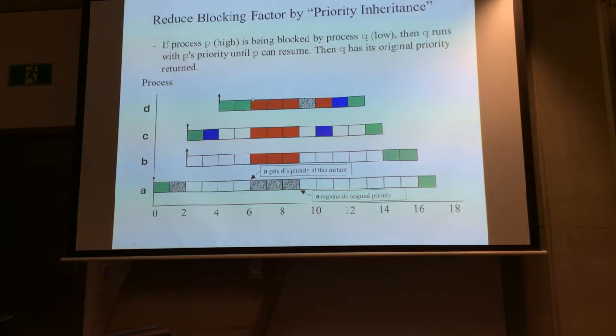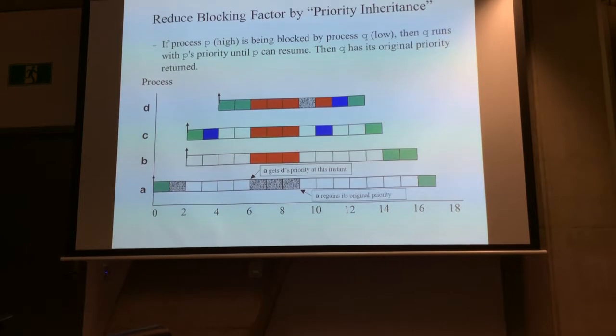What happens at that instant is the kernel automatically elevates process A to have the same priority as process D. So A temporarily inherits the priority of process D, the one that's blocking, which means it gets to run. But as soon as it unlocks the resource and removes the blocking event, it gets its original priority back.